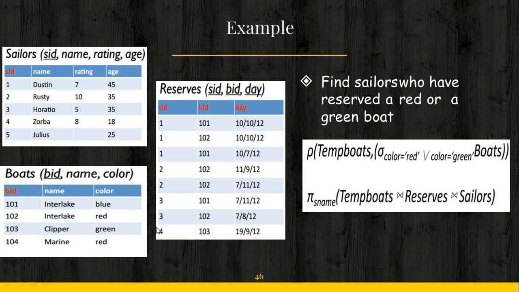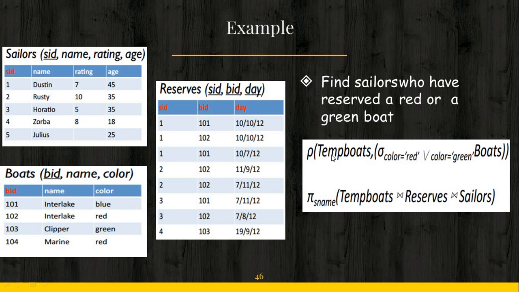So if I go to the next part, I have written the pi S name because we have to find out the sailor's information. So I have written here this name, and instead of the boats table, I have written the temp boats because I have already filtered the boats table, and from the boats table I have got 102 and 103 rows, and I have already put them into the temp boats table, and I don't have to write the boats table again.